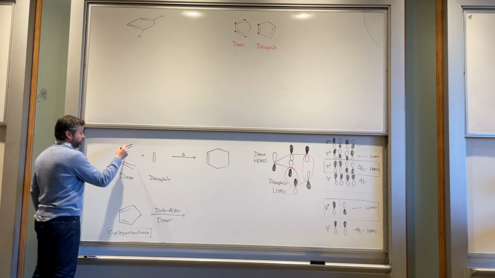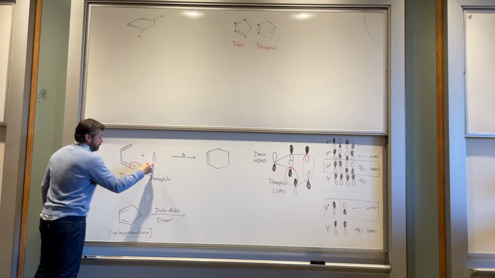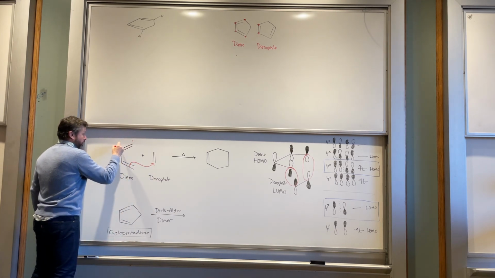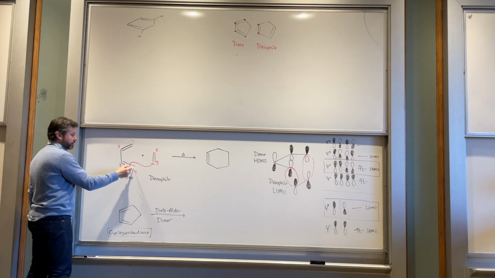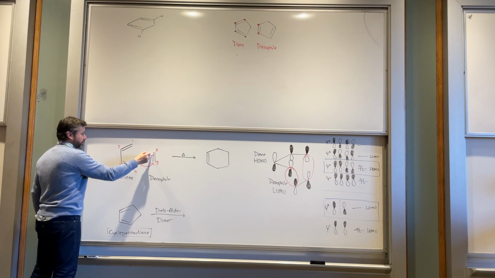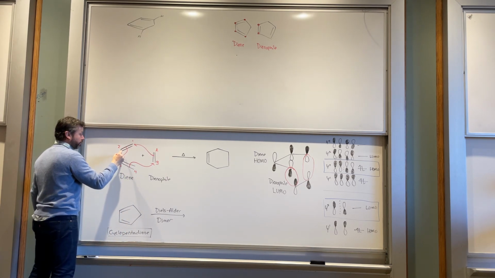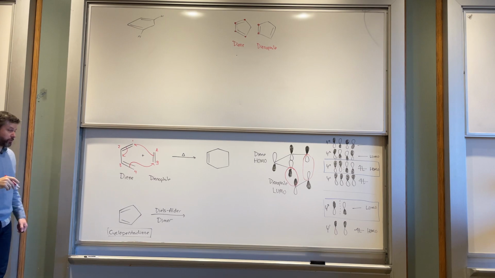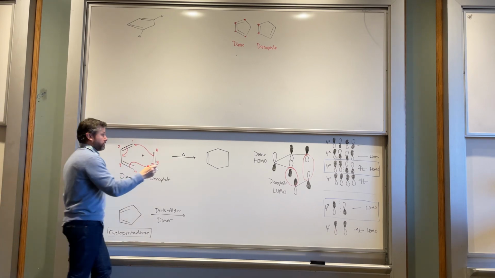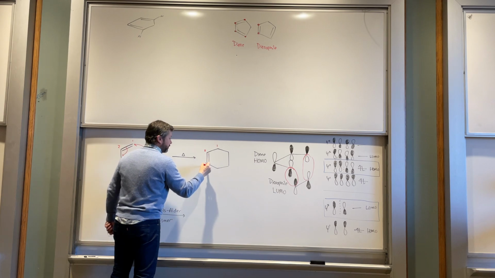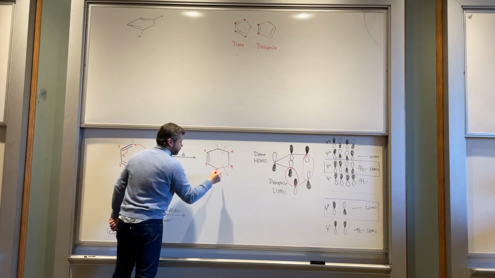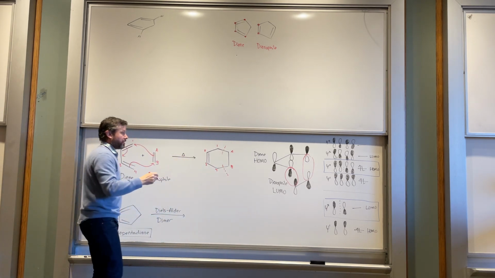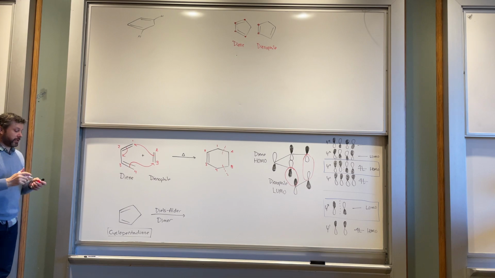The electron movements: these are 1, 2, 3, 4, and then A and B. We're connecting carbon 4 to carbon B, carbon A to carbon 1, and then a new pi bond is forming between carbons 2 and 3. Those are the new bonds being formed, and you can see that the pi electrons are the only electrons involved in the mechanism.